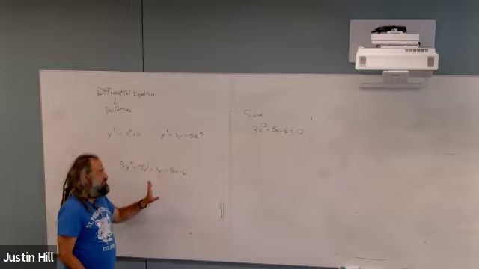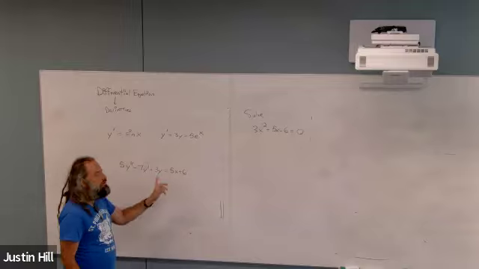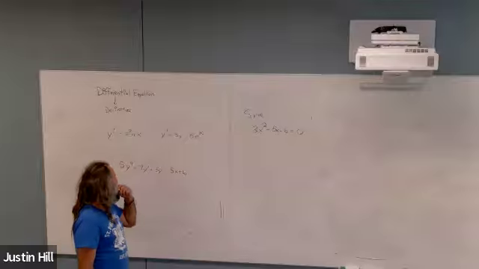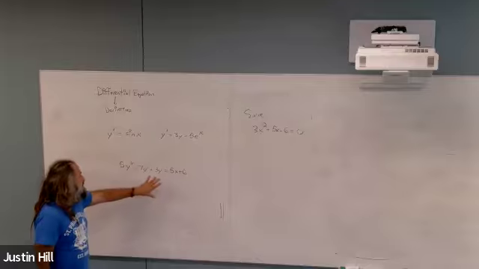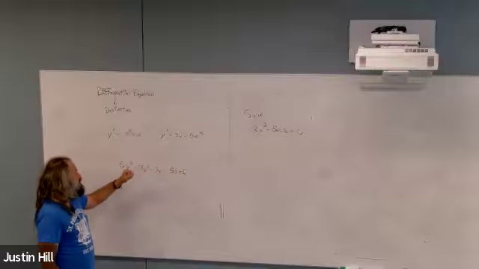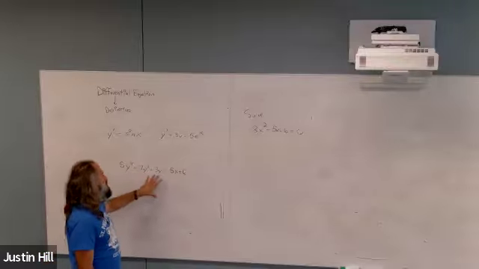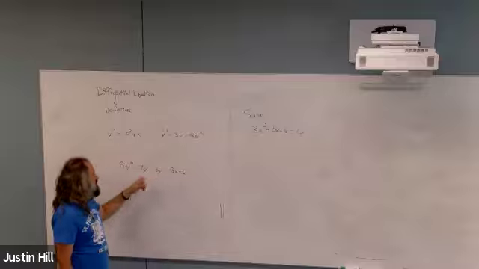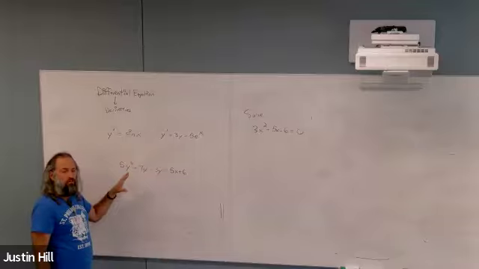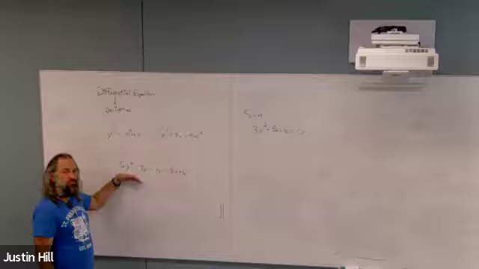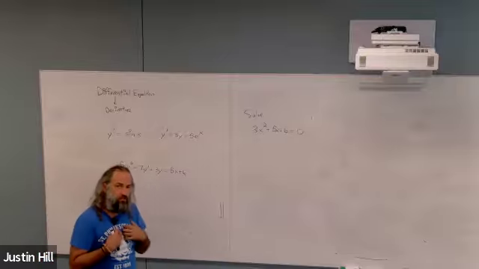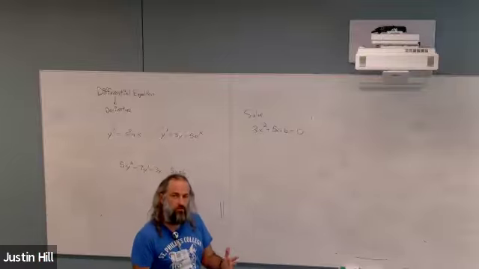what's happening is there is some base function. The work you're doing to it, we are still doing some multiplication and addition, but the main work you're doing to it is taking derivatives. So you have an equation that has the presence of derivatives of some unknown function.